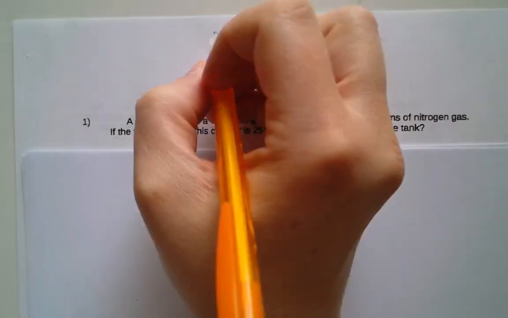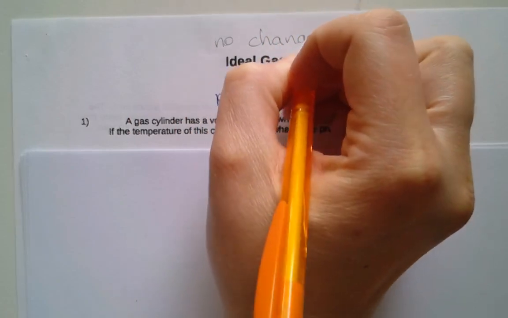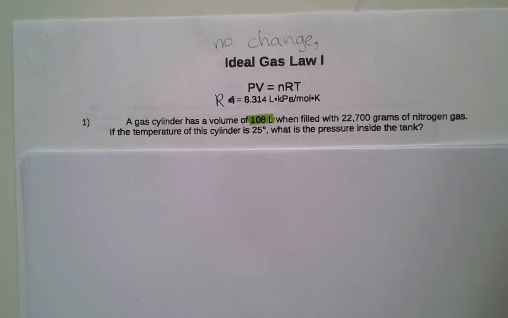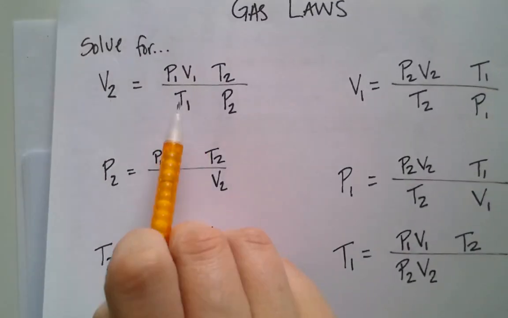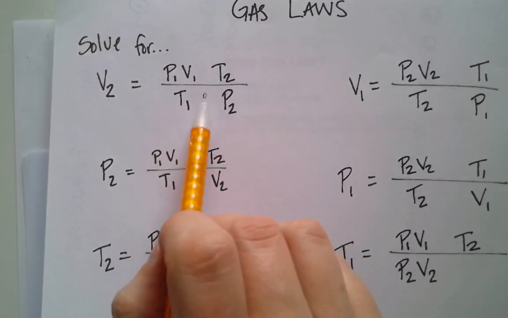Anytime that there's no change, I should have mentioned that before. If there's no change in your question, then you use the ideal gas law. If there is a change and you have an initial state and a final state, that's when you're going to use this combined gas law.